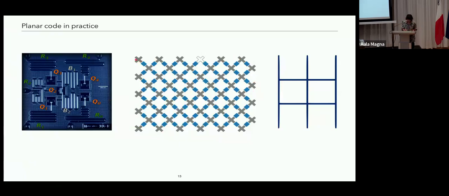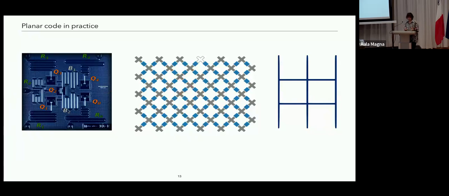These gray things here are qubits, and the others are the couplers, the things that allow you to make operations between those two qubits. And this is a tiny planar code. What you can see is that this is maybe the easiest architecture that you can have in a quantum computer: you have only connections between one qubit and four neighbors.